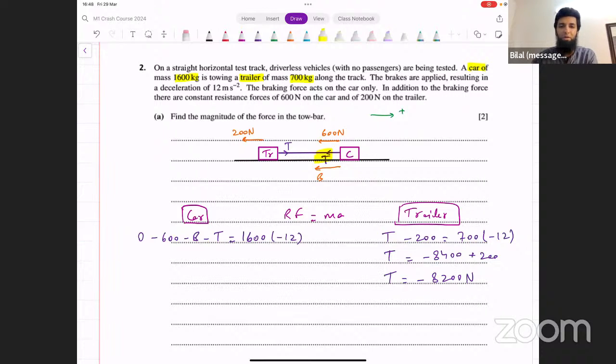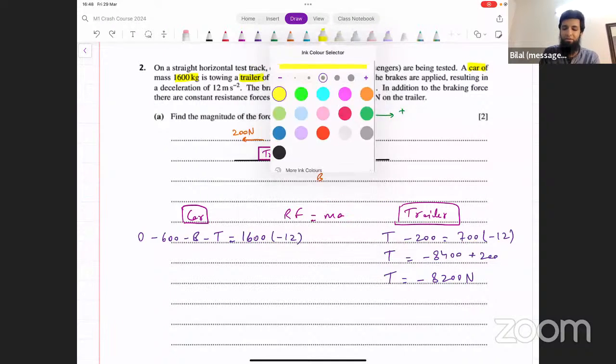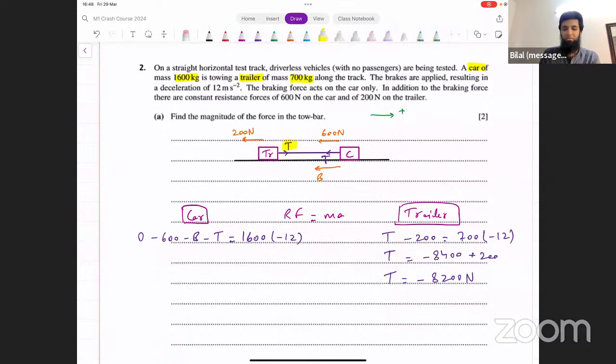And that's what we normally do for strings. Now, in this case, it's not a string, it's a tow bar, but our method is going to remain the same. We still do the same thing. We say, we will do the calculation using this, that we take tension to be acting on the left side on the car. And similarly on the trailer, we would take the tension to be acting on the right side, like we normally do. But the value of tension at the end is turning out to be negative.